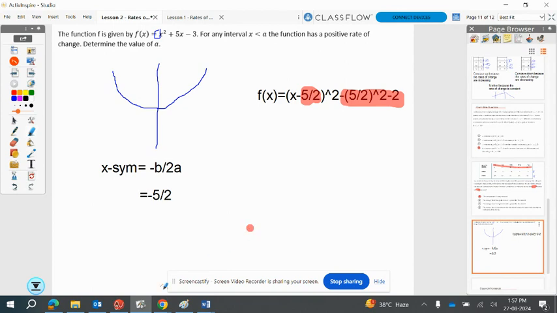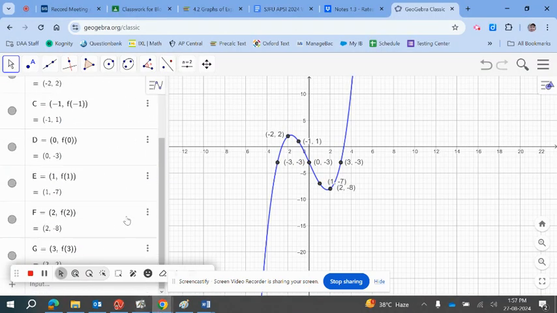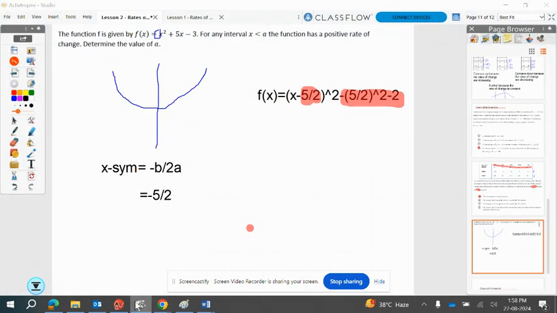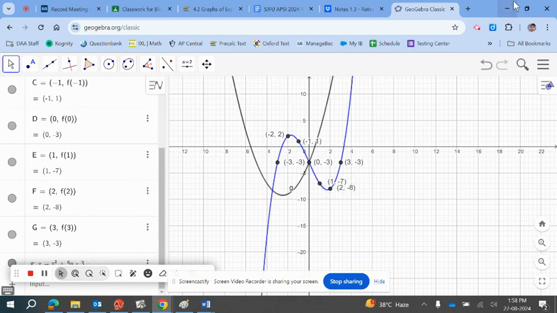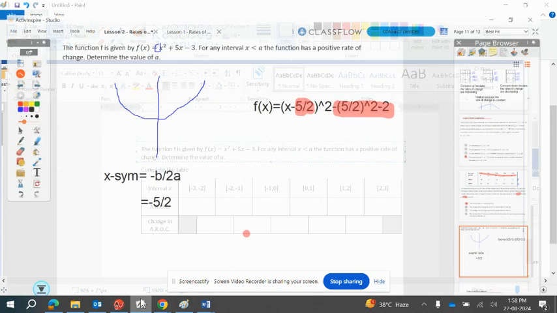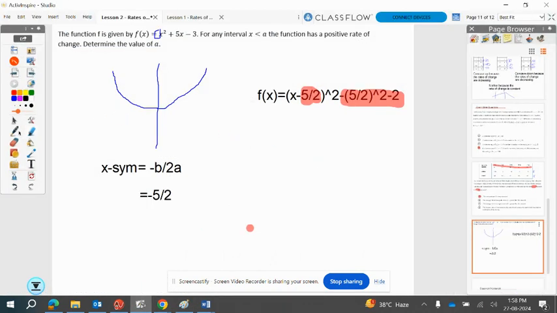So let me just graph that one. We've got y equals x squared, minus 5x? Was it minus 5x minus 3? Let me go back. Plus 5x minus 3. So my completed square, that's where I went wrong.